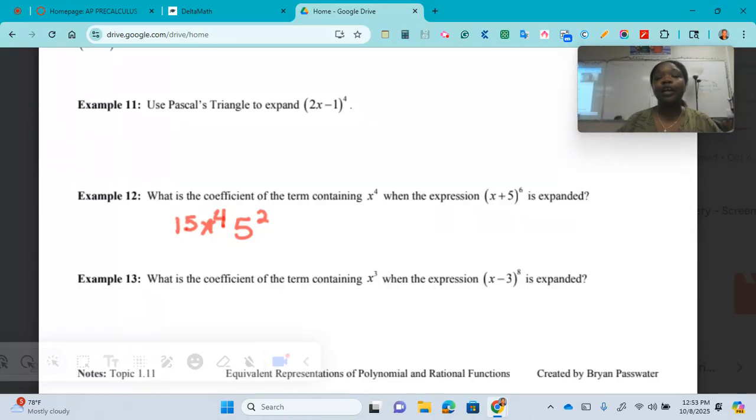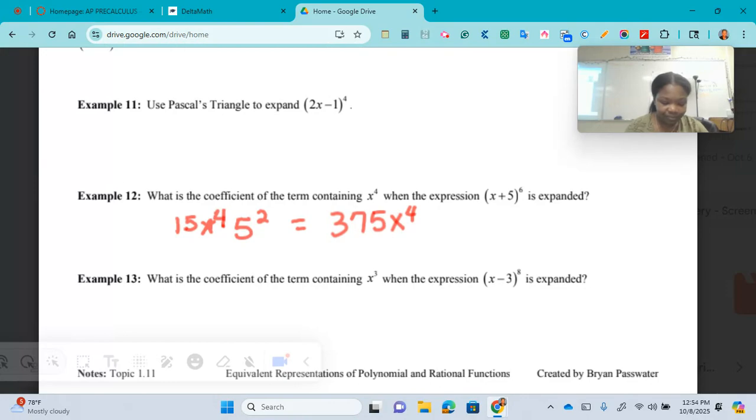So that is 25 times 15, which equals 375 x to the 4th. And we didn't have to do all that distributing. Now let's do it again.